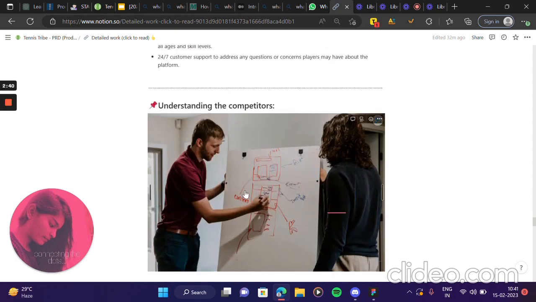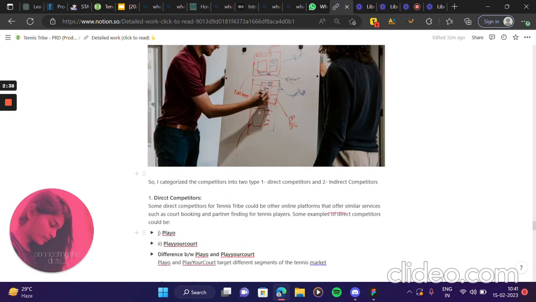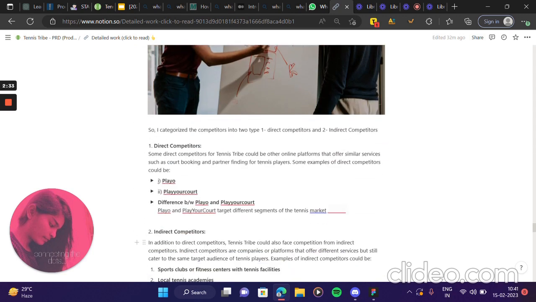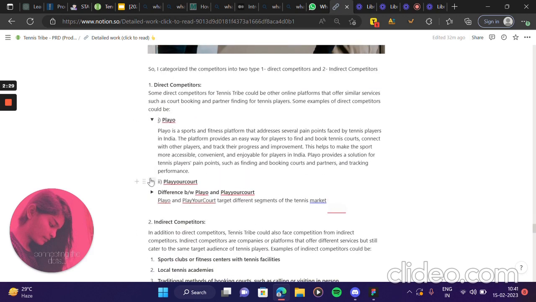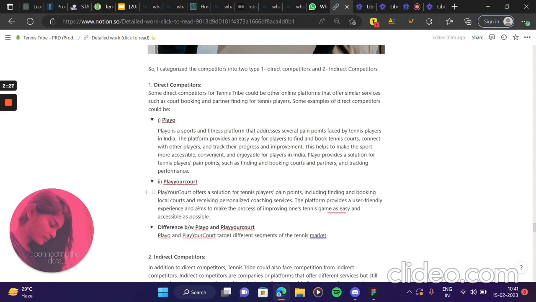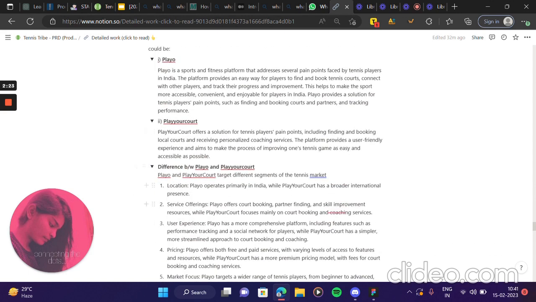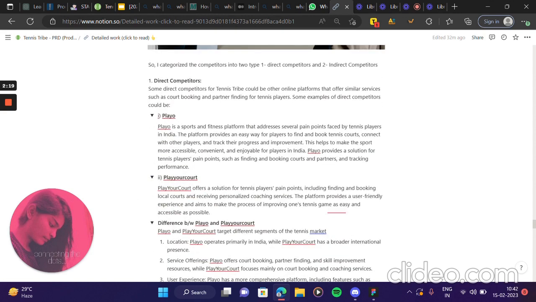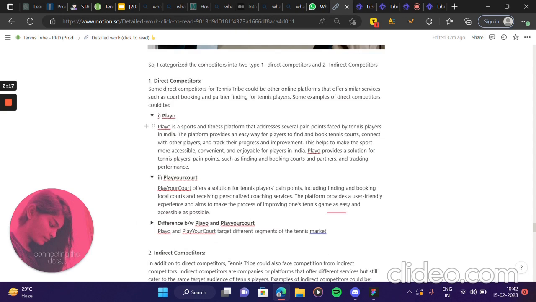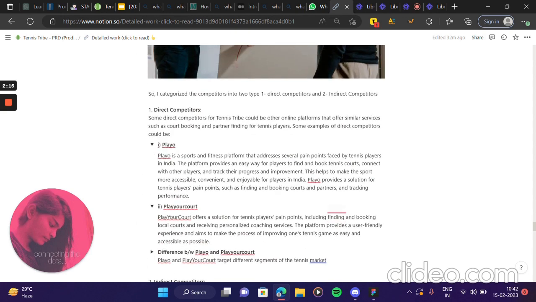And then I went ahead and started understanding the competitors. I categorized them into two types, direct competitors and indirect competitors. Here you can also click on the toggle and read about the difference between these two, and how Tennis Tribe will differ from the competitors.